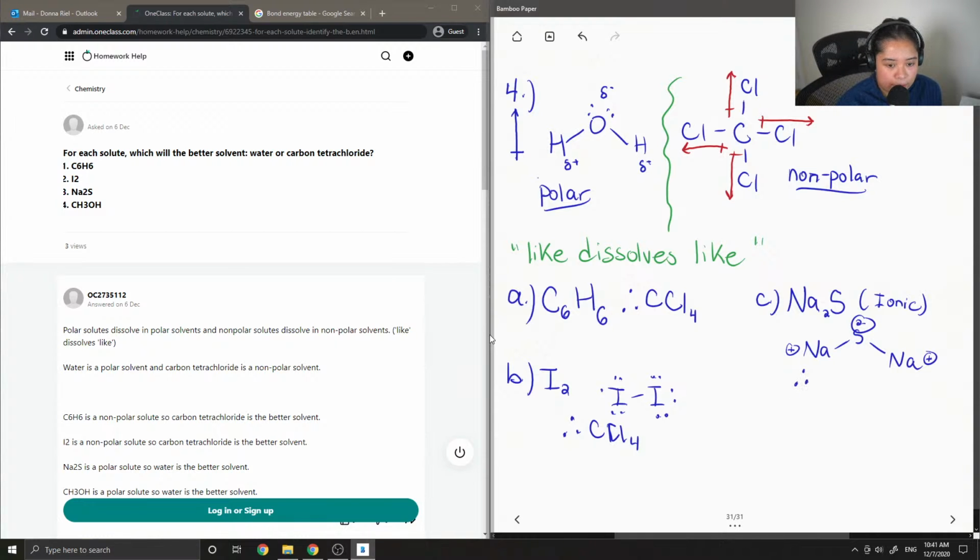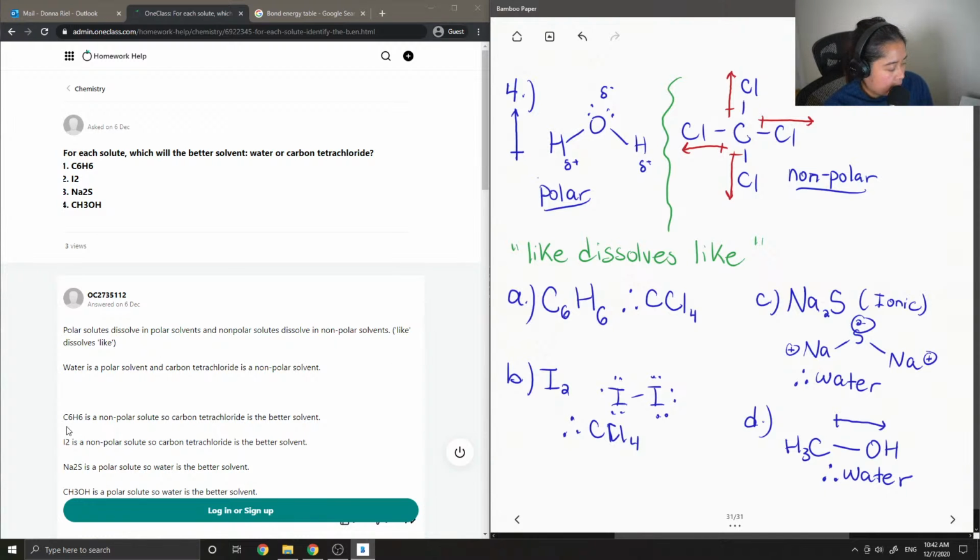So this is polar. So this is able to dissolve in water. And then lastly, we just have methanol. So our oxygen is more electronegative than the CH3. So I can draw a non-zero dipole moment towards the direction of oxygen. So this is a polar molecule, so it's able to dissolve in water.